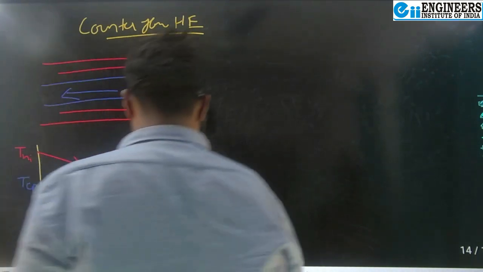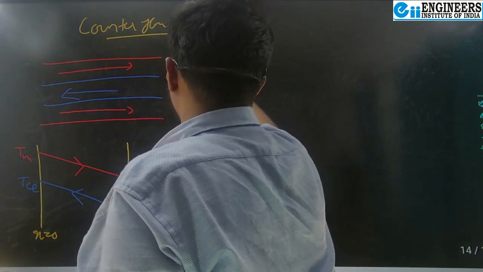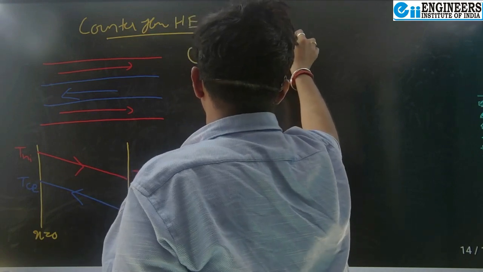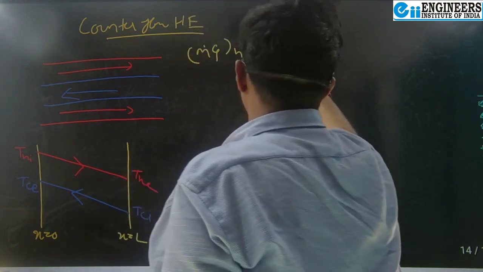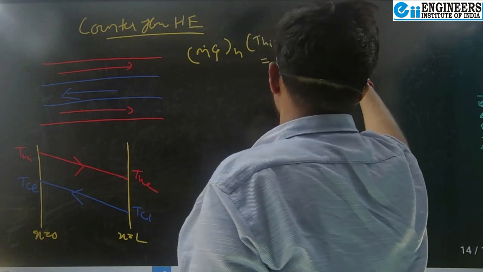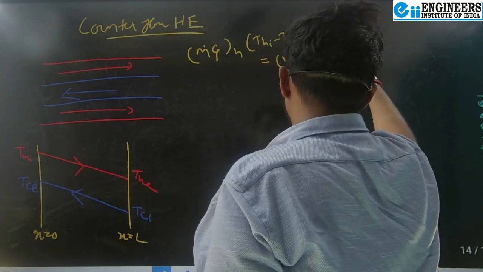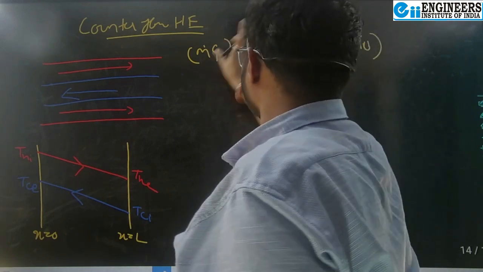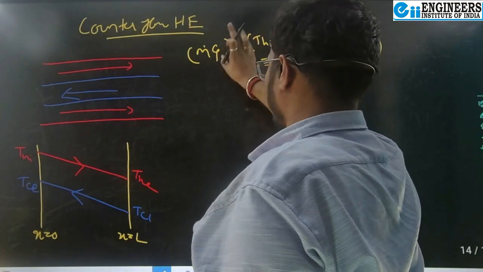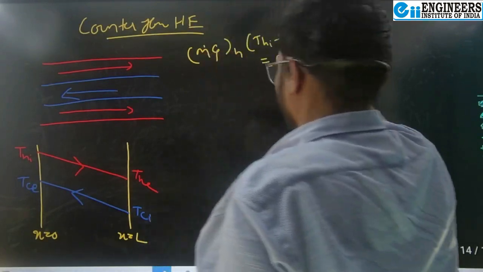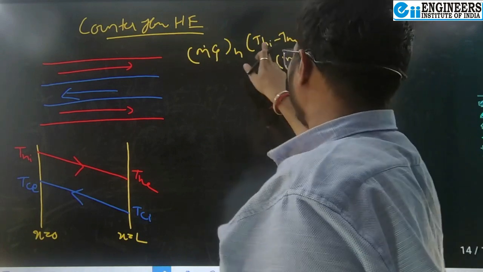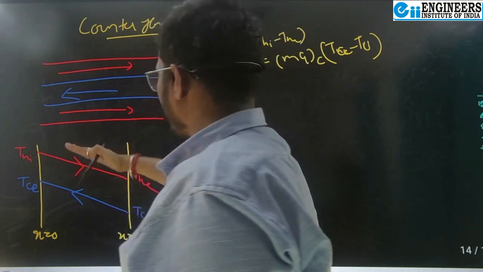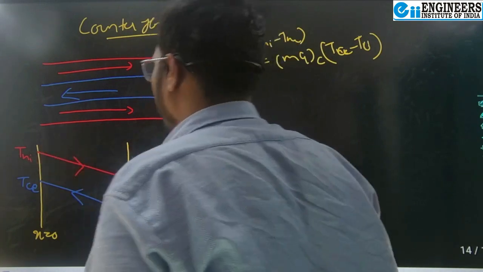Let's come to the energy balance equation. mCp of hot times THi minus THe is equal to mCp cold times TCe minus TCi. Suppose the product of mass flow rate and specific heat, or the heat capacity, for the hot fluid is equal to the heat capacity of the cold fluid, then THi minus THe is equal to TCe minus TCi. So this temperature difference is the same, and it's nearly a straight line.